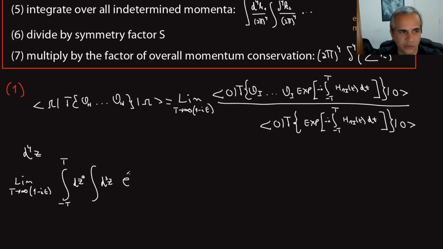And usually, not always, these integrals were just something that looked like this, a sum of many momenta, and z. Remember, eventually these z coordinates are the space-time coordinates of the vertices.